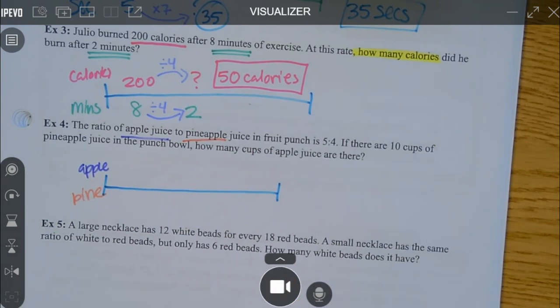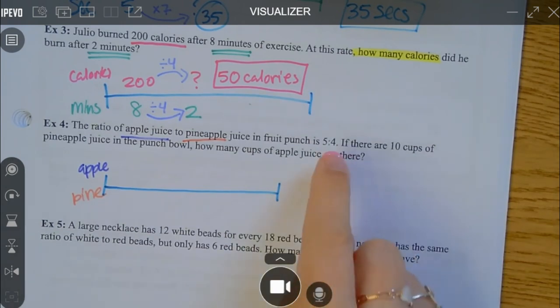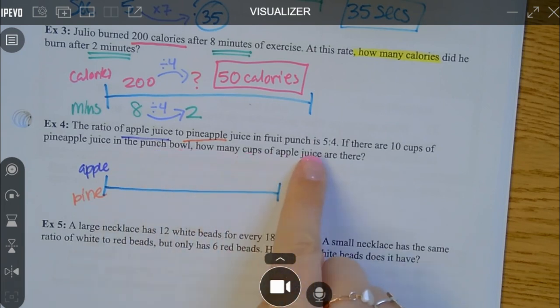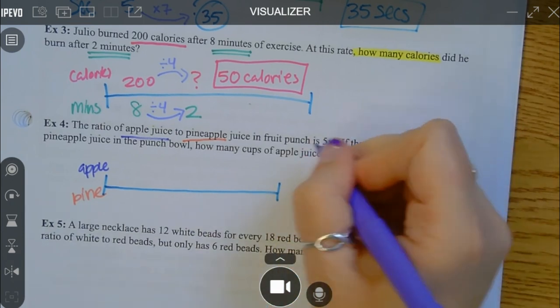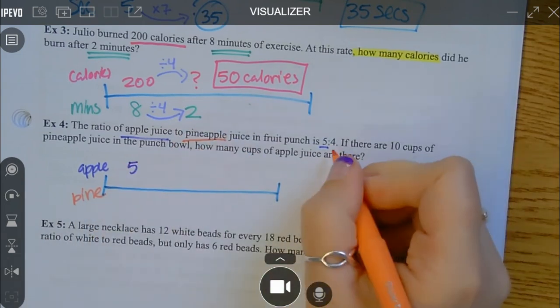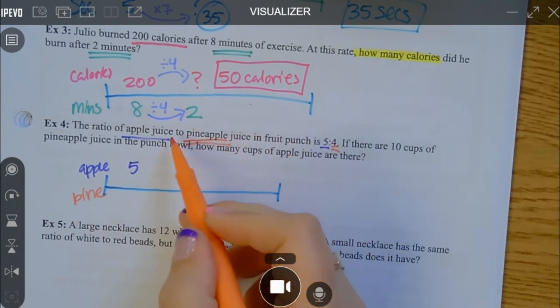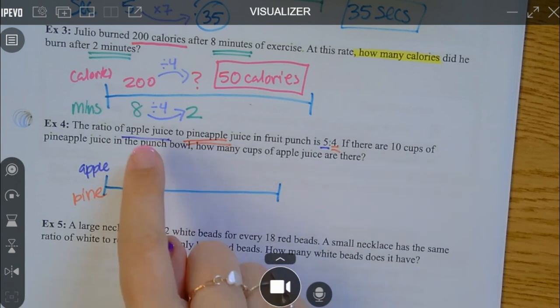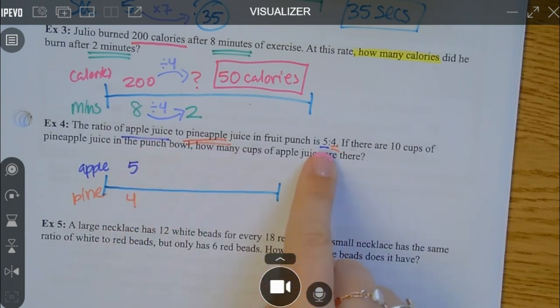I'll just put pine. Now, right here, it says that the ratio of apple juice to pineapple juice in fruit punch is 5-4. So whatever came first, that's what the apple juice is talking about. And whatever came second, that's talking about the word after "to," that pineapple amount. Okay? So again, first, second.